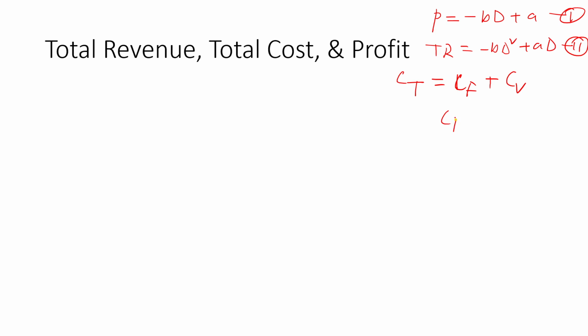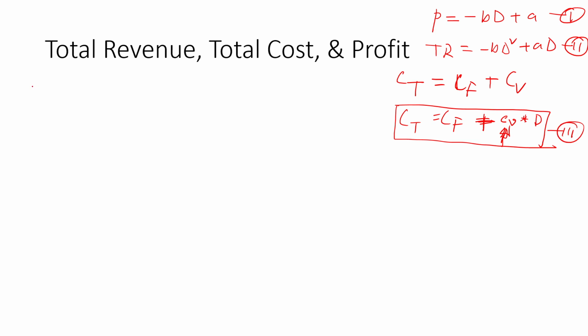Now the variable cost depends on per unit, so we can use a small c, a small v, that's the variable cost per unit, times the demand. This is how we can express the total cost. So fixed cost plus the unit cost times the demand. That could be equation number 3.